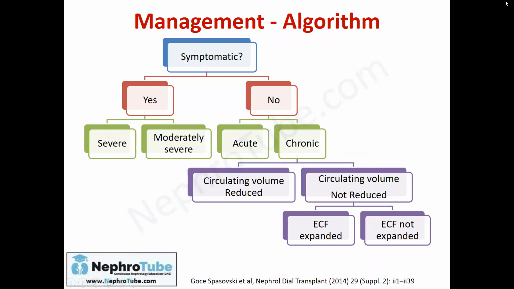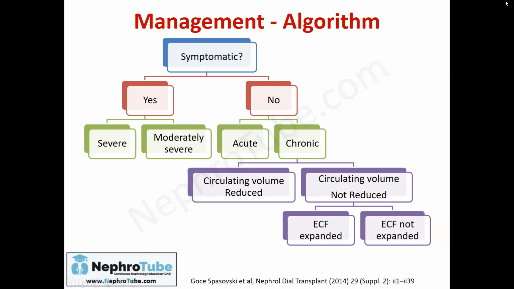We talked about the approach. It depends on whether there are symptoms or not. If yes, if severe, we have a stepwise approach for the use of hypertonic saline. If moderately severe, we also have a stepwise approach for the use of hypertonic saline, but with fewer steps than severe symptoms. If acute, we will also use hypertonic saline if the acute decrease in serum sodium is more than 10 millimole per liter, but only one infusion over 20 minutes.